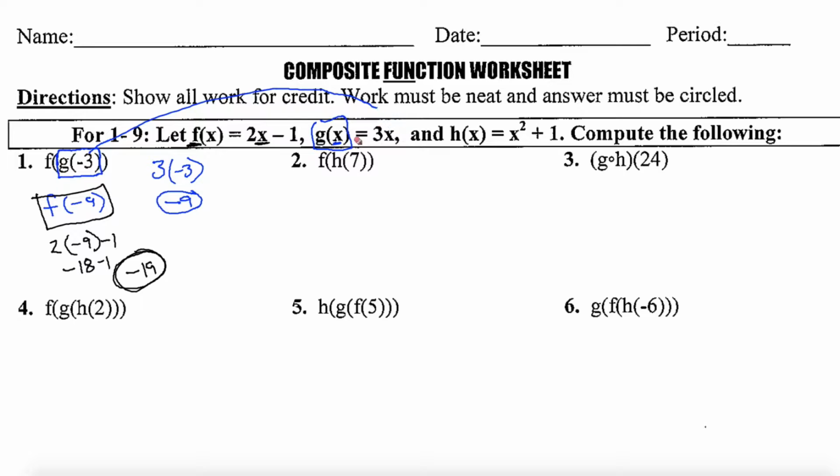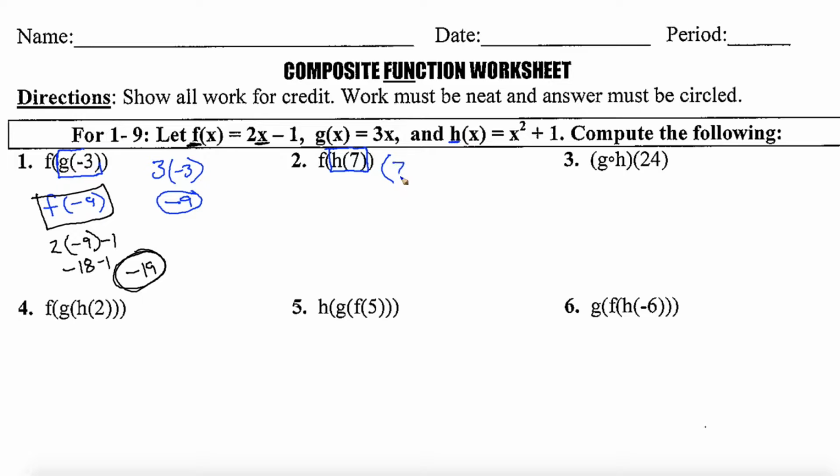Let's clean this up just a little bit. Okay, and the next one. Again, I start in the middle, the most center function I can get, and I get h of 7. So I'm going to go to the h function and plug in a 7.